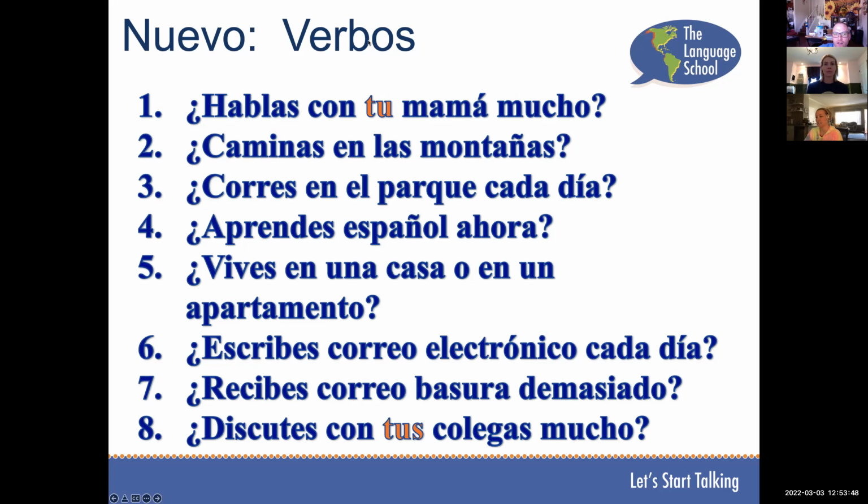So again, check this out, right? You got the vowels. O, A. That's the sound you want to make. Corres. Corres en el parque cada día. Every time you get stuck on a word like that, because it happens, sometimes the little cables that connect the brain get crossed.